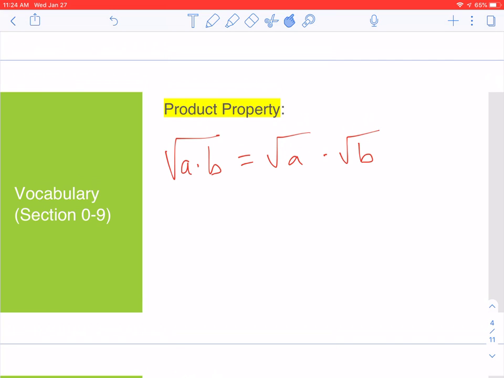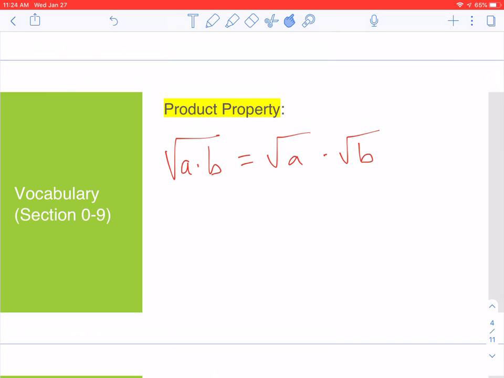All right, so we're going to talk about product property here. And this goes back to, well, before you took algebra. The square root of two numbers together, so a times b, equals the square root of them separately, right?